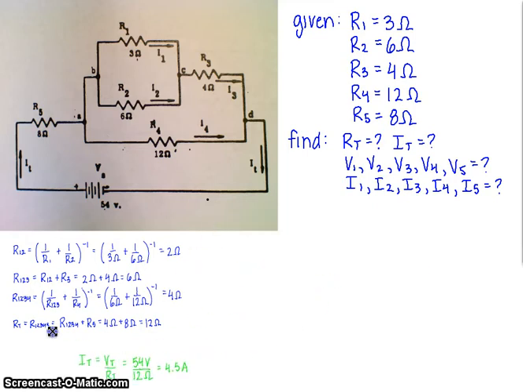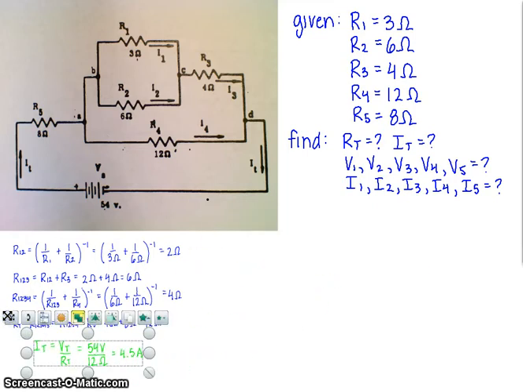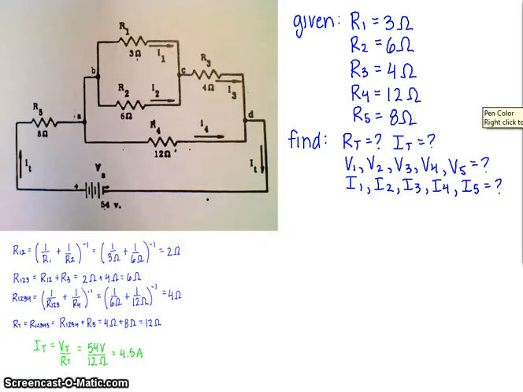The next part of the solution is a very important part, and it's where we're trying to apply the loop theorem and the junction theorem. We'll take a look at the junction theorem first. When we're looking at the junction theorem, we identify the various junctions within the circuit, and we look at the current going into the junction and coming out of the junction.